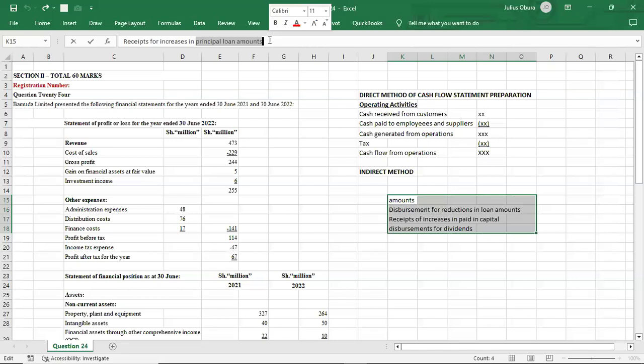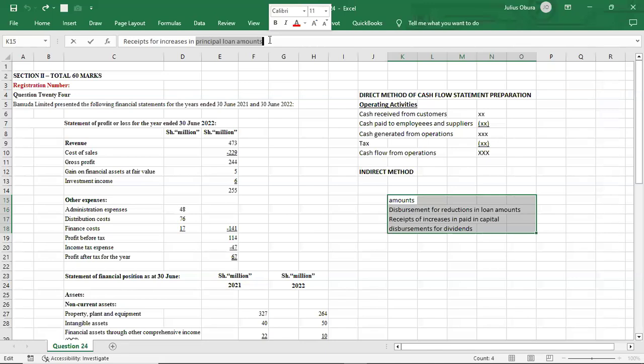It is more of financing your loan, something of a sort. So it is not directly an investing cash flow. So you can either classify it as a cash flow from operations, or you can classify it as a cash from financing. But generally, it is not part of cash from financing.